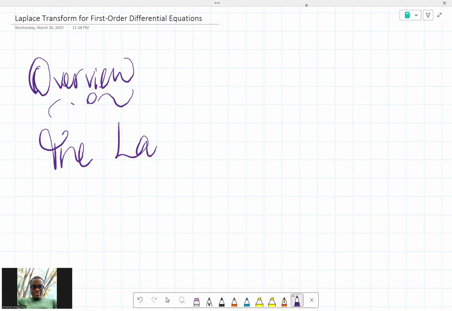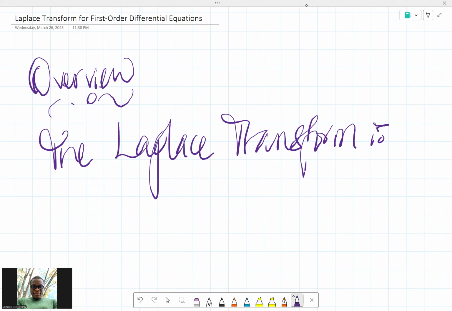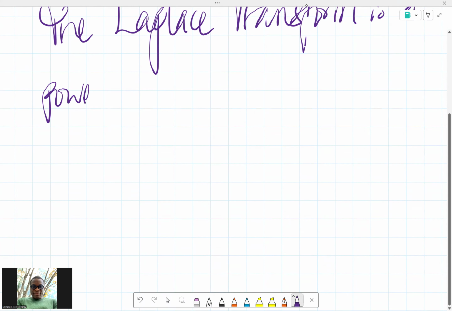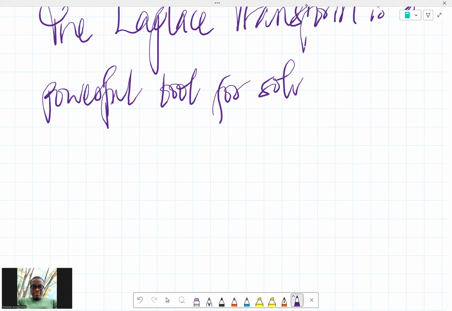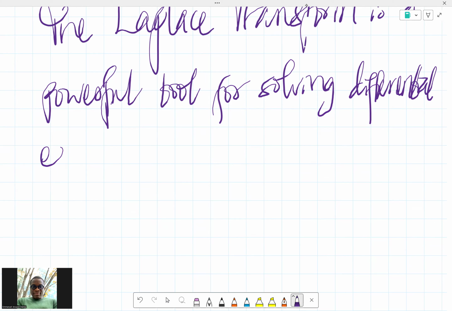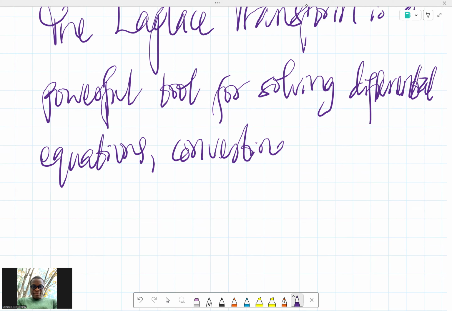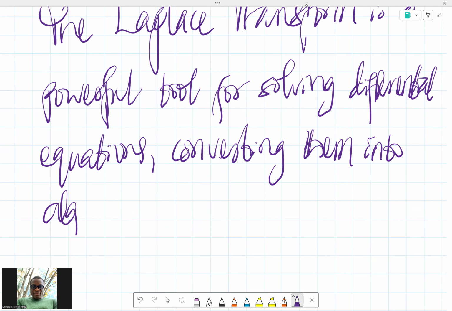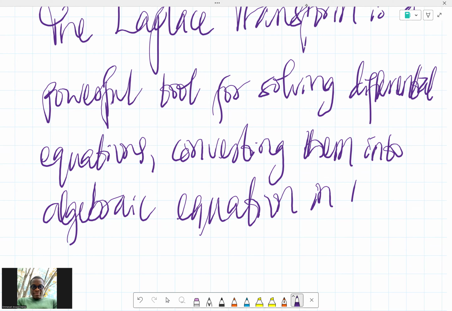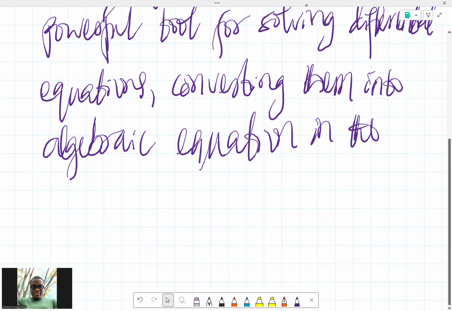So the Laplace transform is a powerful tool for solving differential equations, converting them into algebraic equations in the S domain. That's why we always have f of s.